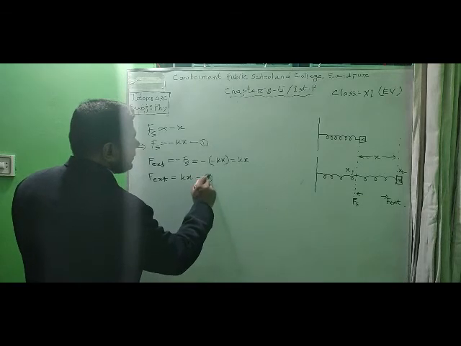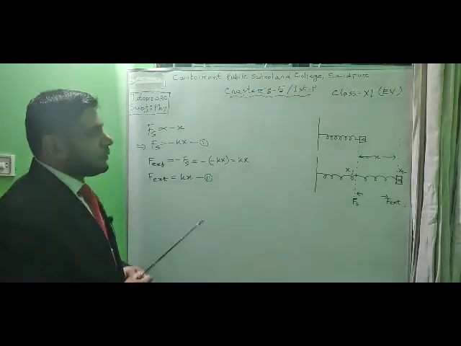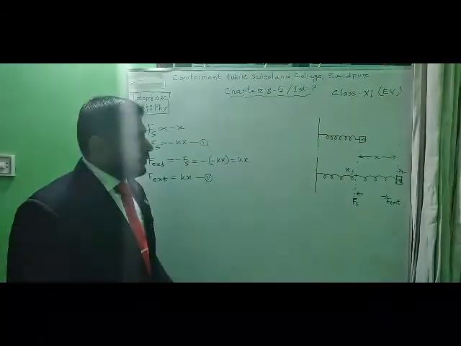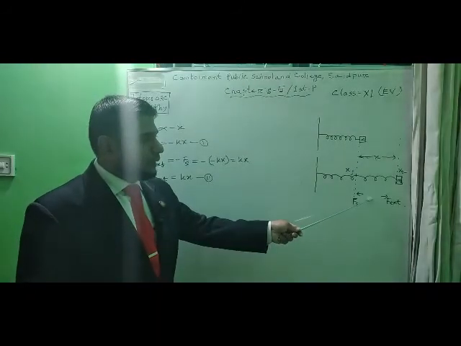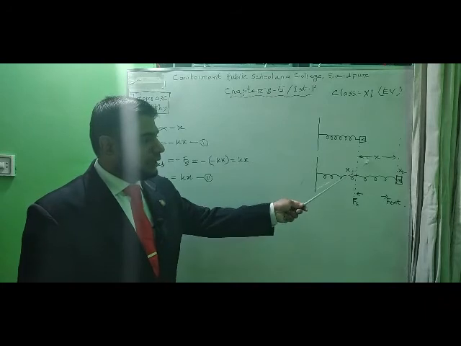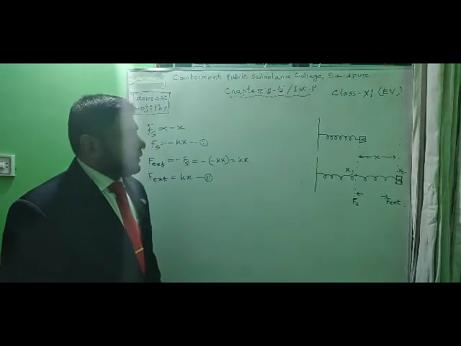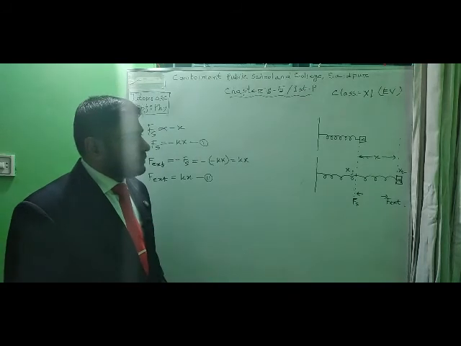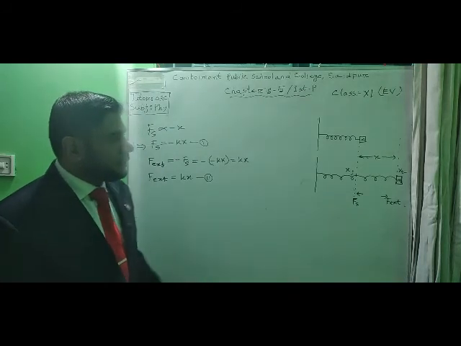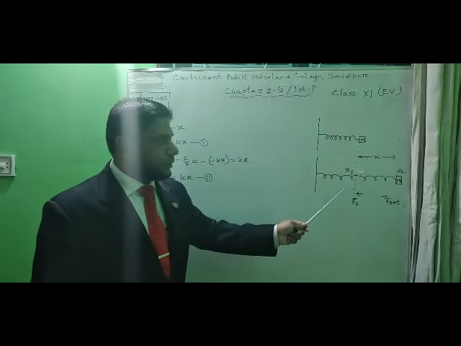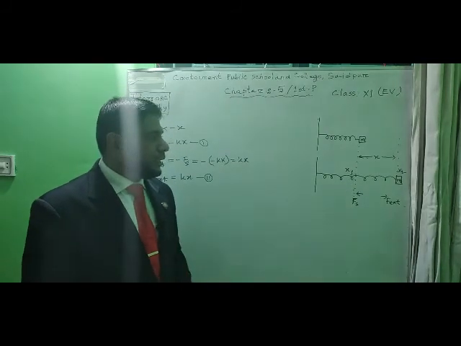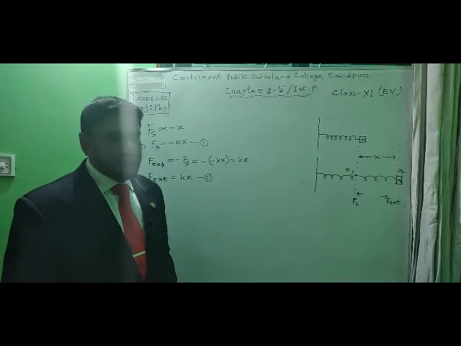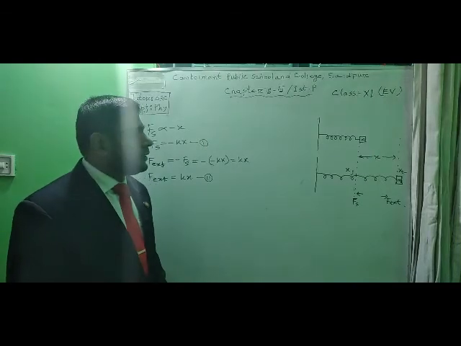Suppose this is equation number 2. Now we will find the work done by the external force for the expansion of x. As the work is done by a variable force, we can divide the total expansion into smallest divisions, and then with the help of integration we get the total work.